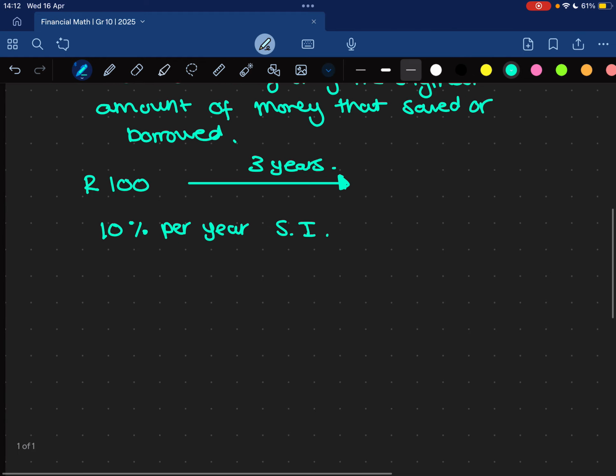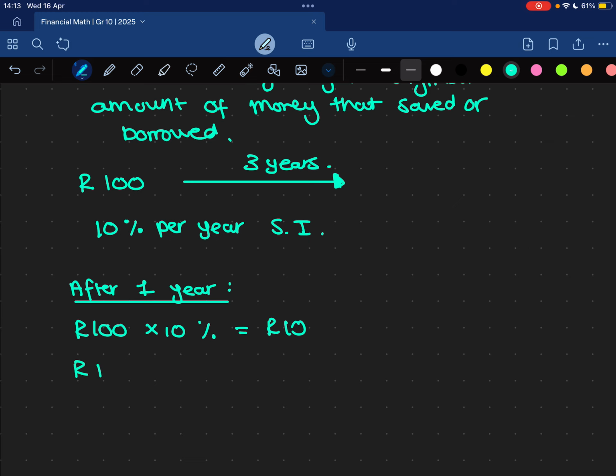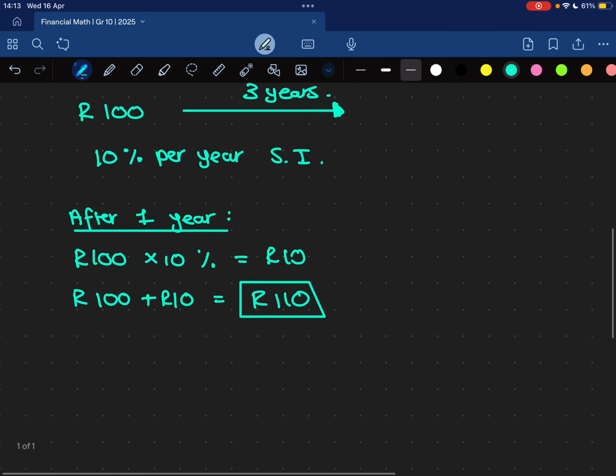So, what that means is that I need to consider 3 years. So, after the first year, I have 100 Rand, and I work out what 10% of that 100 Rand is, which is going to be 10 Rand. So after the first year, I have 100 Rand plus 10 Rand, which is just 110 Rand. So that's how much I would have at the end of the first year.